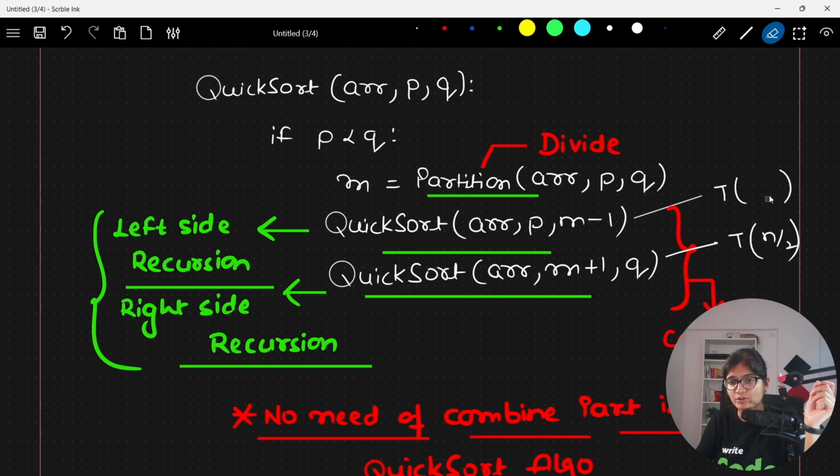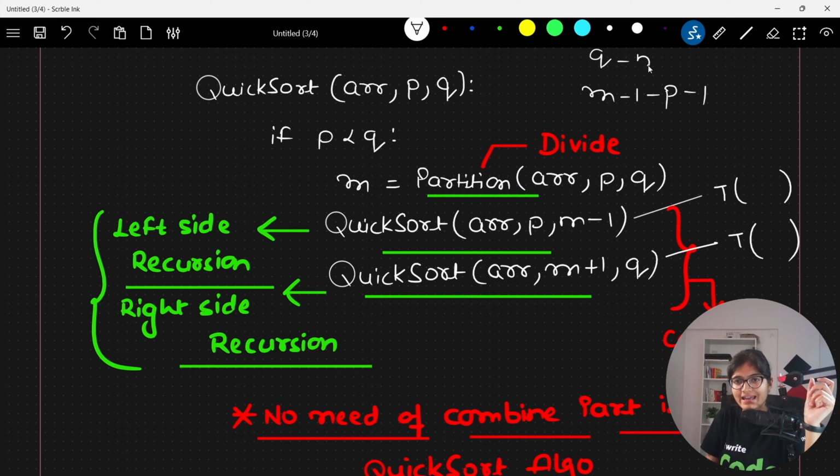So at that point of time, you need to calculate how many elements we have for the left side. It will be m minus 1 minus p plus 1, right? So m minus 1 is the last index, minus p, plus 1. And here it will be q minus m plus 1. So basically, approximately, it will be m minus p and q minus m.